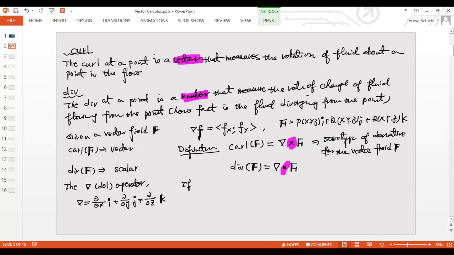If F is the velocity of the fluid flow, then the curl of F measures the circulation per unit area.